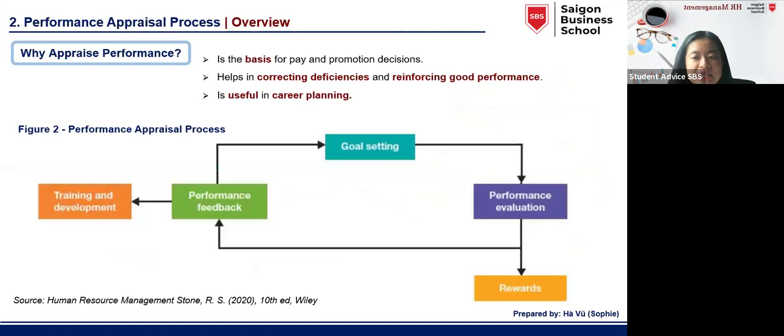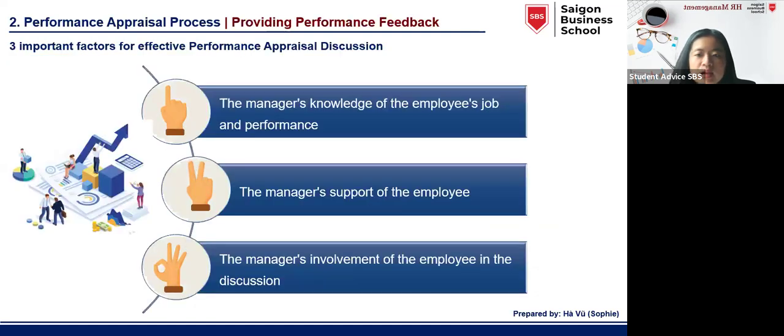Okay, the final step in the process is performance feedback, a crucial part of any effective appraisal program. This step involves a discussion where the manager and employee collaboratively review the employee's responsibilities, assess the employee's performance, explore ways to improve the performance, and review the employee's short-term and long-term goals.